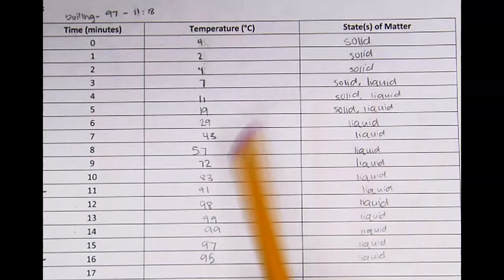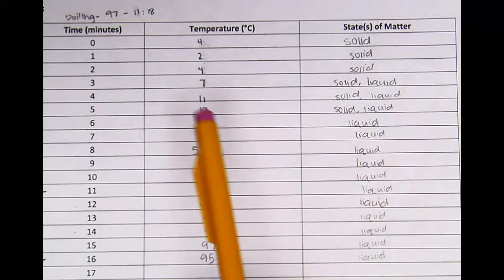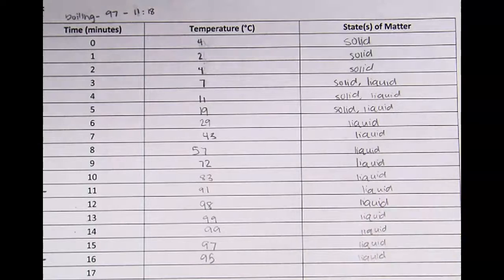So I want you to copy this data down. You can find this assignment on the classwork tab. Copy this data down. And if you need to pause the video, you can, but I am going to move on.